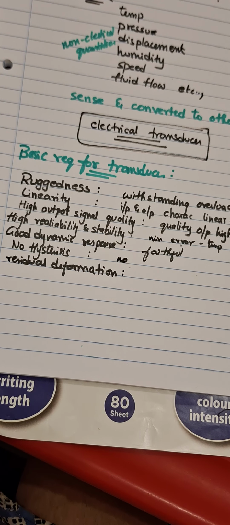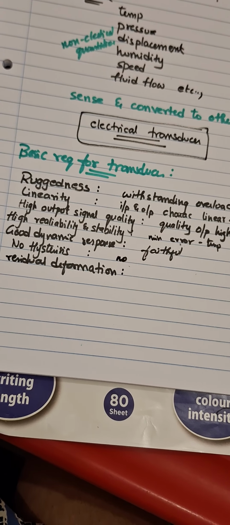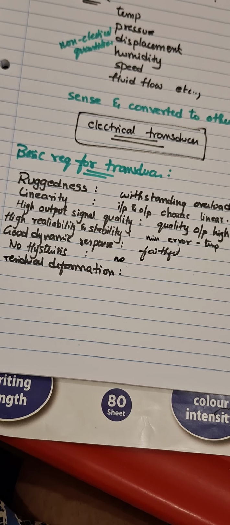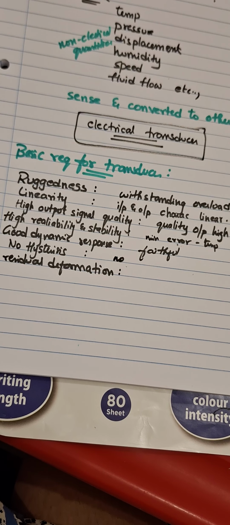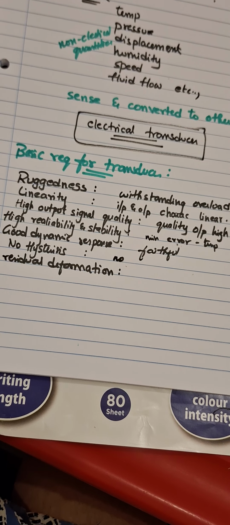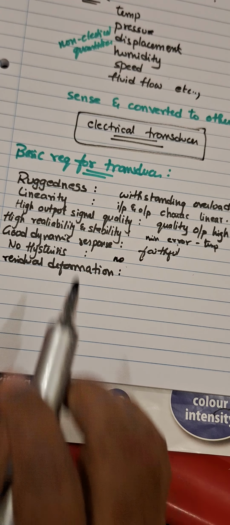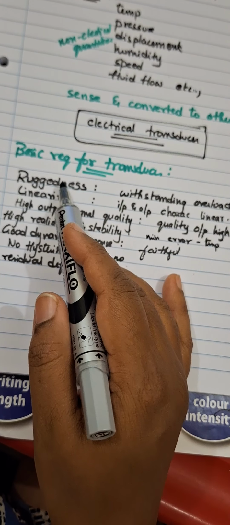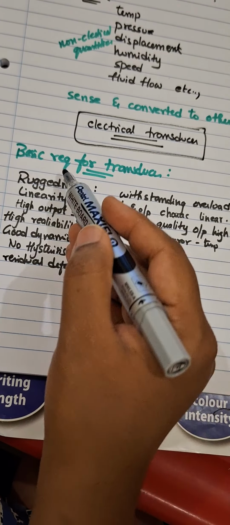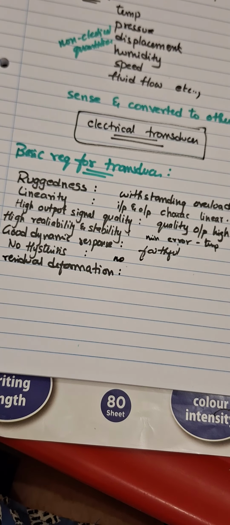It means when you are applying a force or input, suddenly there can be a change of shape to the circuit or whatever it is. There shouldn't be any deformation like that. So these are the basic requirements a transducer needs. All of these should be considered when you are selecting a transducer.